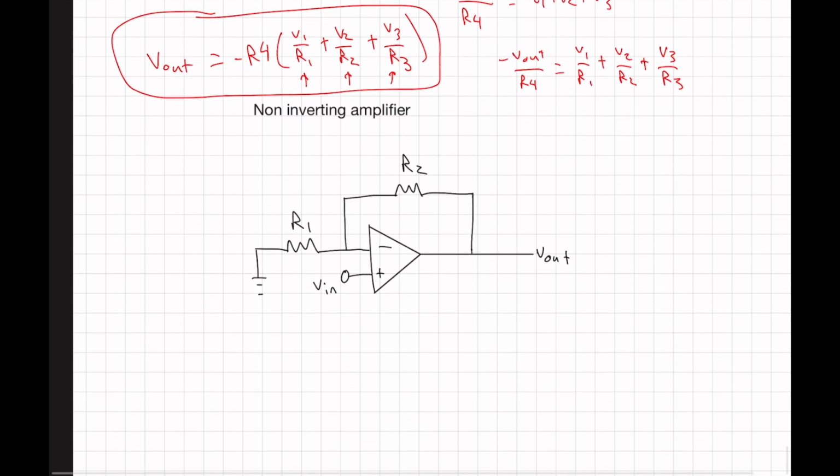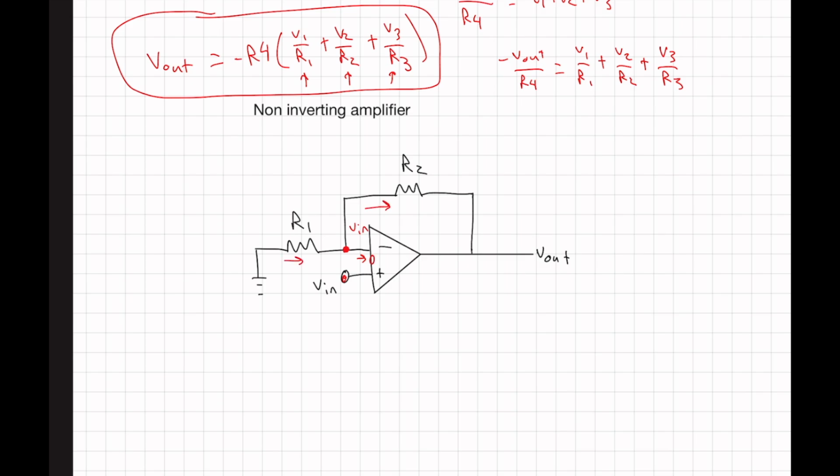The last one we'll look at for today is a non-inverting amplifier. So this one's a little bit different. Our positive terminal is no longer connected to ground. So what we have is Vn is here, right? Because Vn is here and the negative terminal goes towards the positive terminal. Okay. And we know that the current here is 0. So this current equals this current.